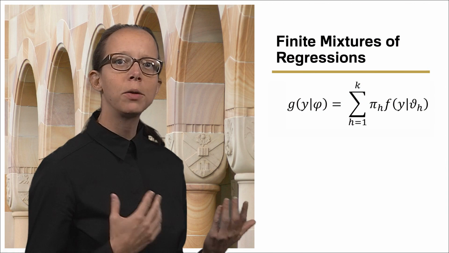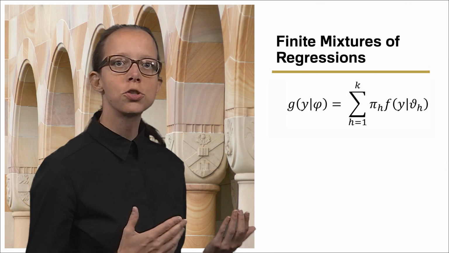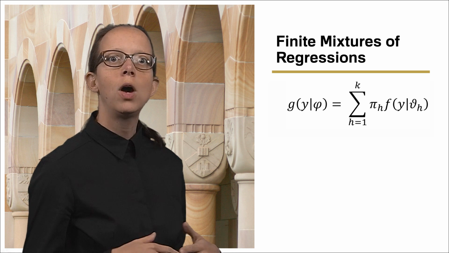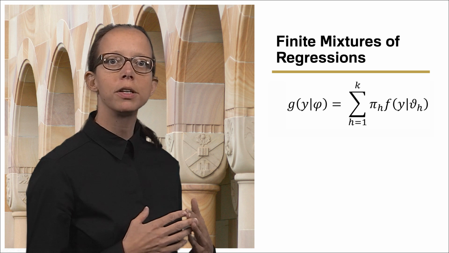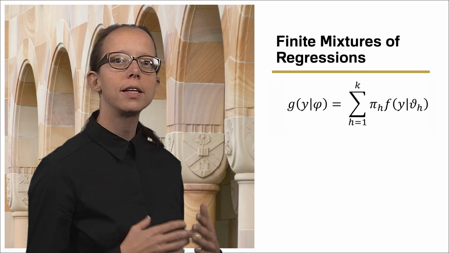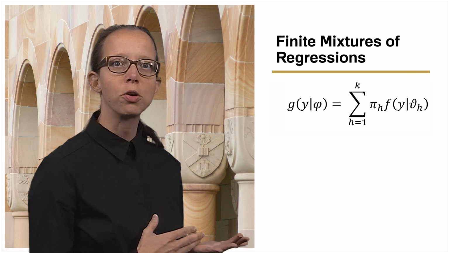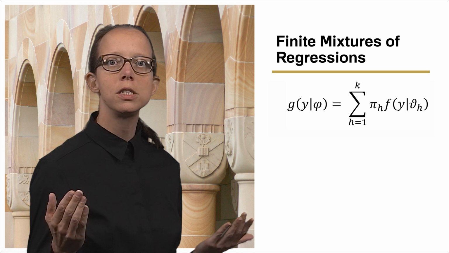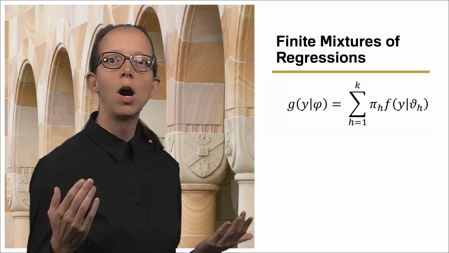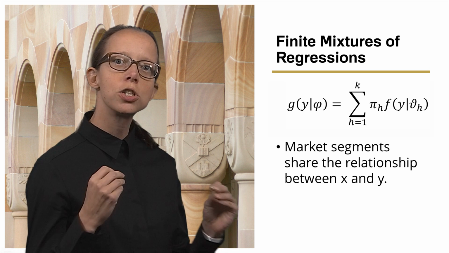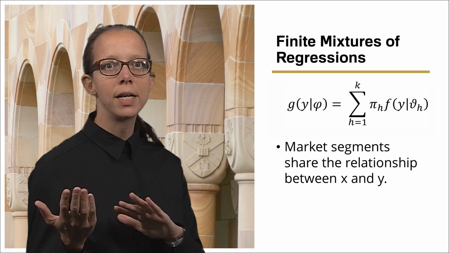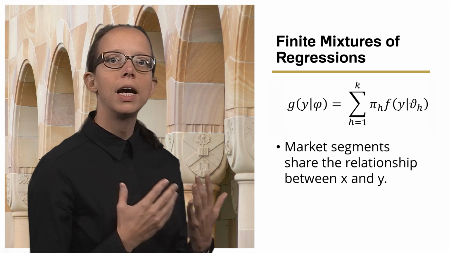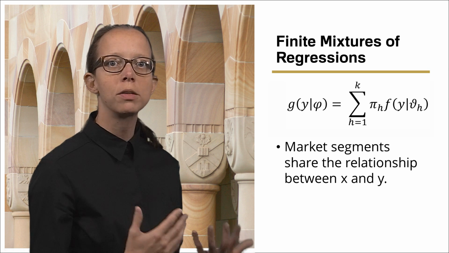An example of when it might be useful to use mixtures of regressions is when we assume consumers may differ in their price sensitivity. The data we have is the prices of products, the x's, and whether or not each consumer purchased these products at those prices, the y's. The relationship between our x's and y's is the price sensitivity, and this is what we use to extract market segments.